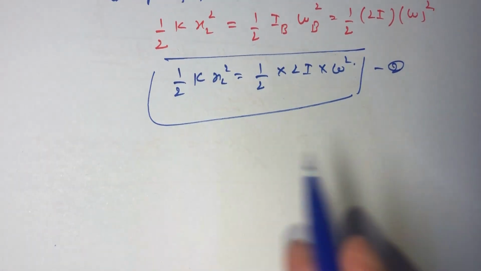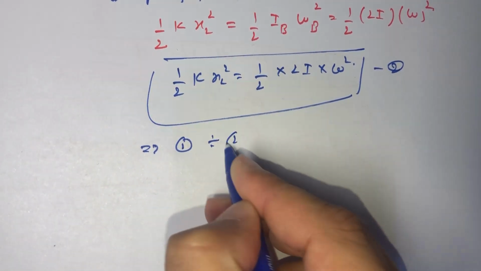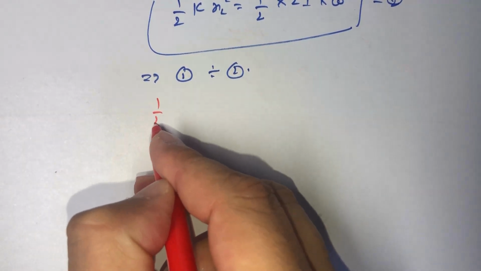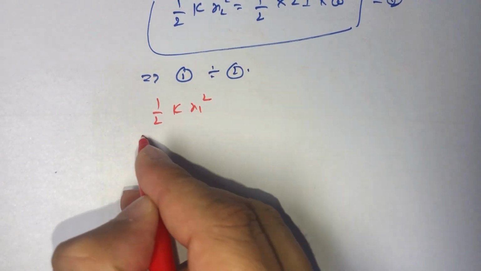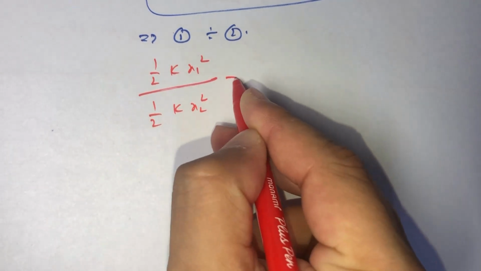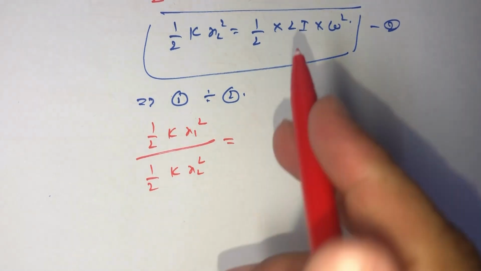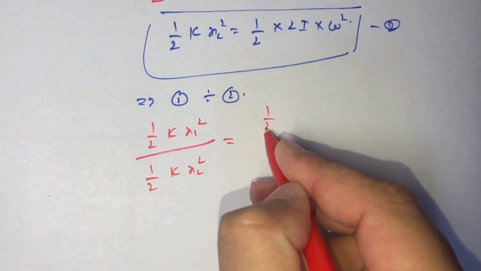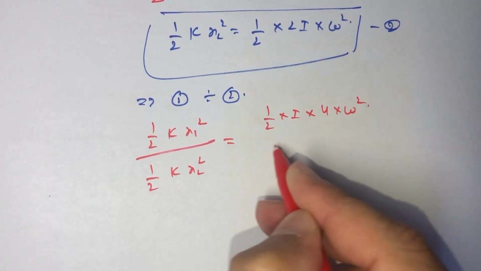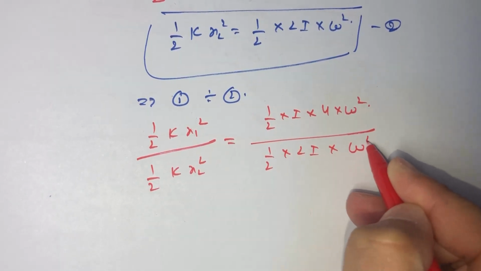So dividing equation 1 by equation 2. On the left side we have half k x1 square divided by half k x2 square, and on the right side we have half I multiplied by 4 omega square divided by half multiplied by 2I omega square.